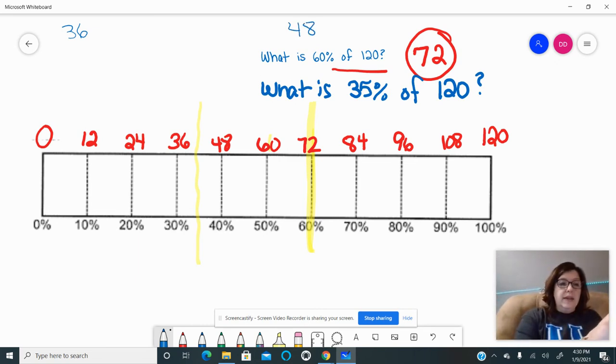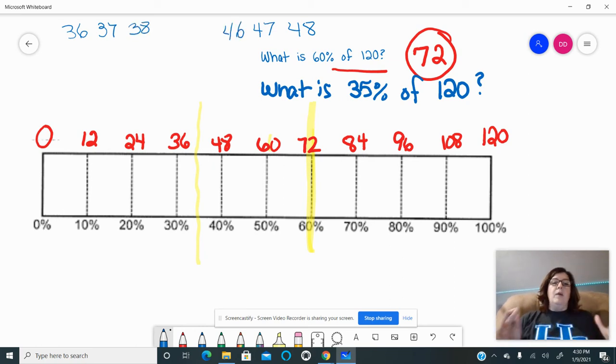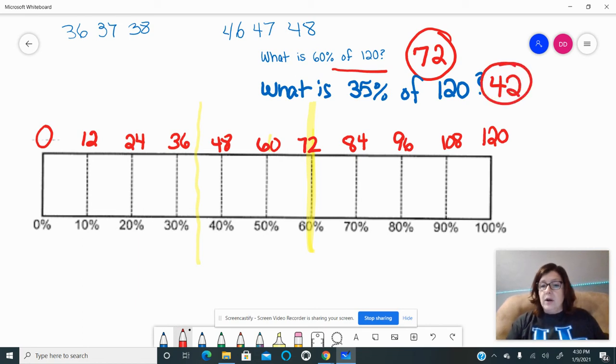Like I know the next number would be 37. And if I go backwards here, that would be 47. Go up another number, down another number. And I keep working my way back, and I find the number that is right there in the middle is 42. So halfway between 36 and 48 is 42. So it doesn't necessarily have to be on one of those tick marks. It could be between some of those.